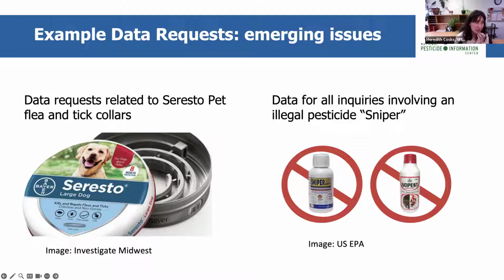Another example, more recently, was a request about an illegal product, Sniper with DDVP, that is suspected of being illegally distributed. We were able to search by that product name and keywords for Sniper to fulfill this report and help EPA understand the extent of the use of non-registered pesticides in a certain area.